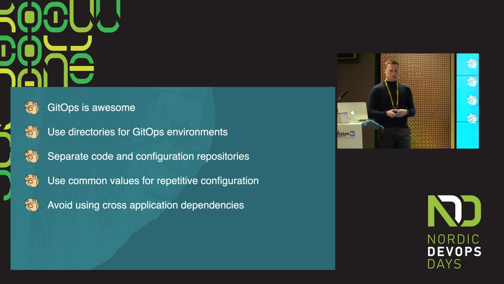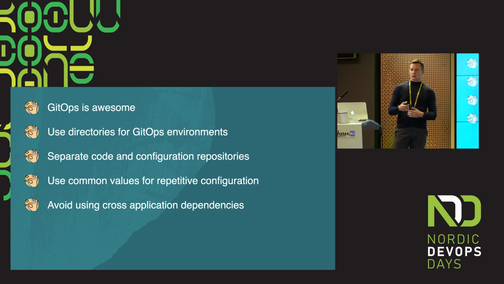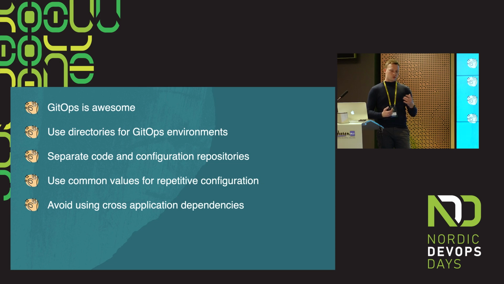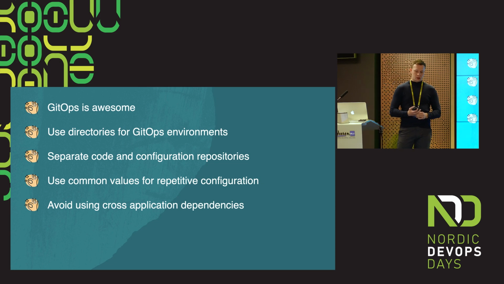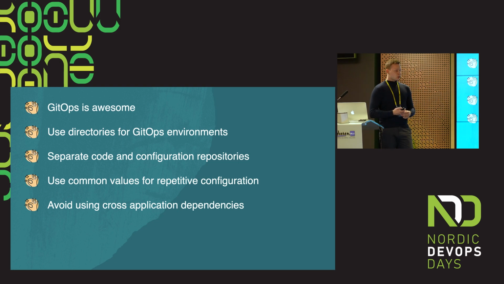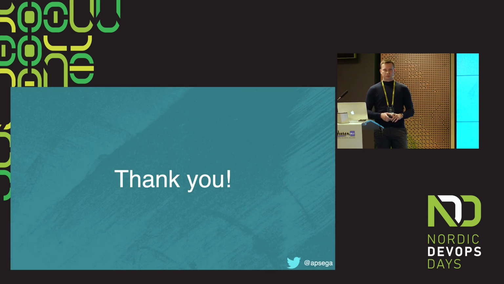Separate code and configuration repositories. Use common values for repetitive tasks. If you have environment variables that are the same throughout the environments, don't copy paste them, just use common values, and avoid using cross-application dependencies. That's all from me.